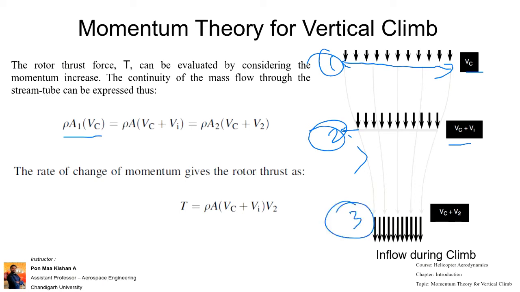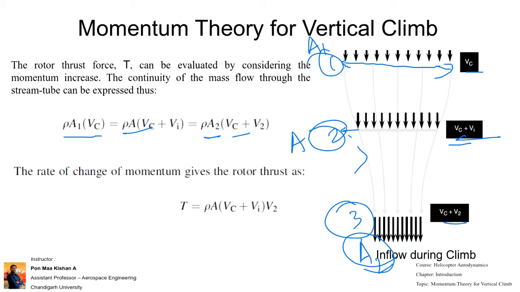The mass flow rate will be equal at each section: rho A1 VC, then rho A, where we take the rotor area as A, times VC plus VA, and then rho A2 times VC plus V2, which is the exit velocity. Here we have taken A1 and A2 as the areas at the inlet and exit.